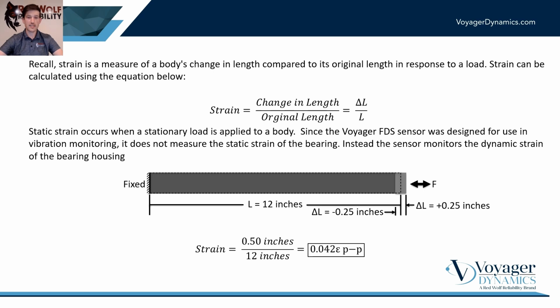As an example, we're going to take the same beam that was used in the last video, where you have a beam that's fixed on the left side with a load applied to the right side. But in this case, that load applied to the right side changes over time. It's an oscillating load. Sometimes that load acts in tension and it pulls the beam and elongates it up to a maximum of 0.25 inches.